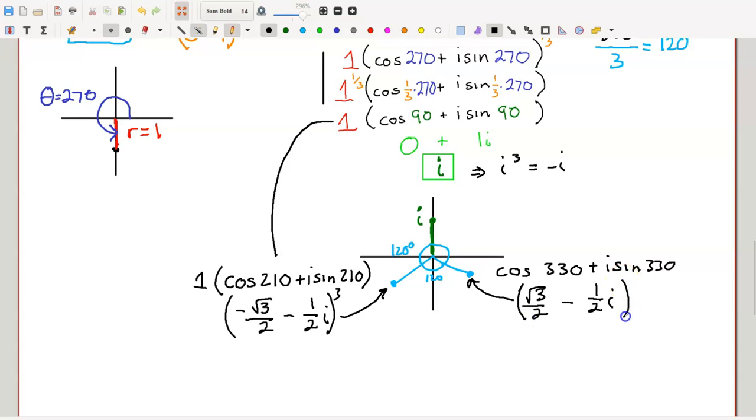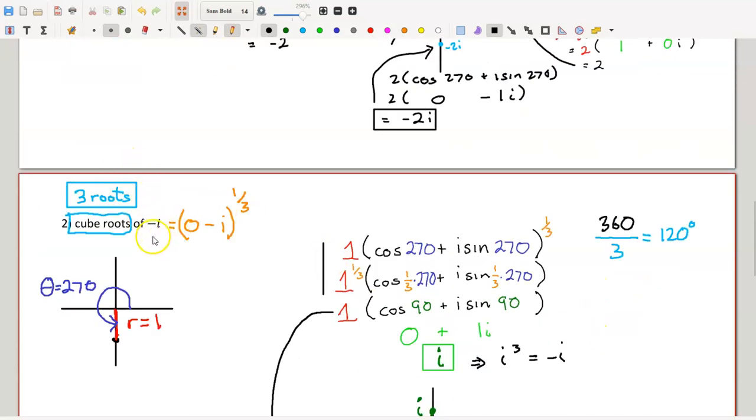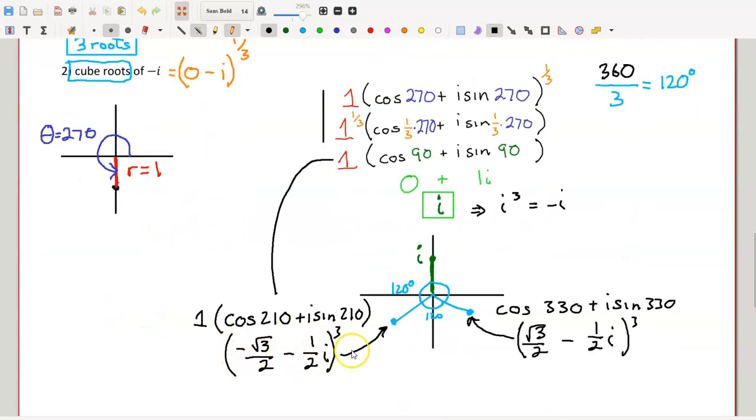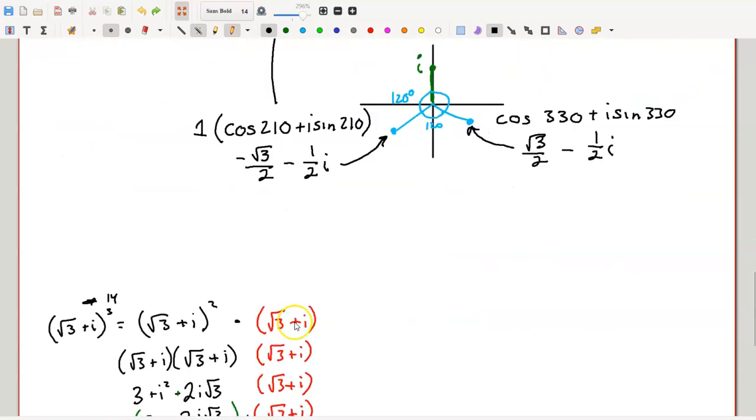If you want to check that, raise that to the third power, do all that work, and it will come out to negative I. I'm not sure if the calculator will give you that simplified answer if you type that in, but maybe it's worth checking as a way of checking your answers.